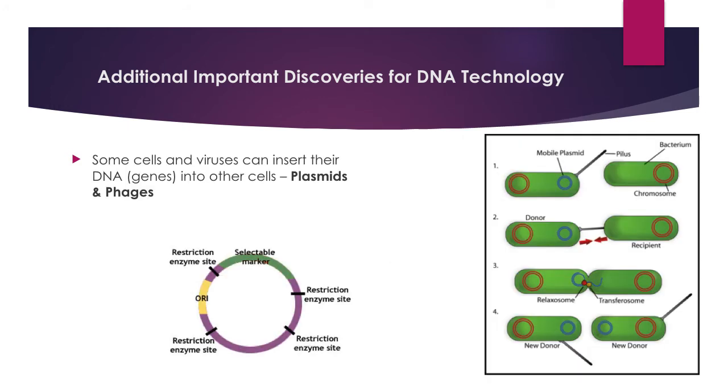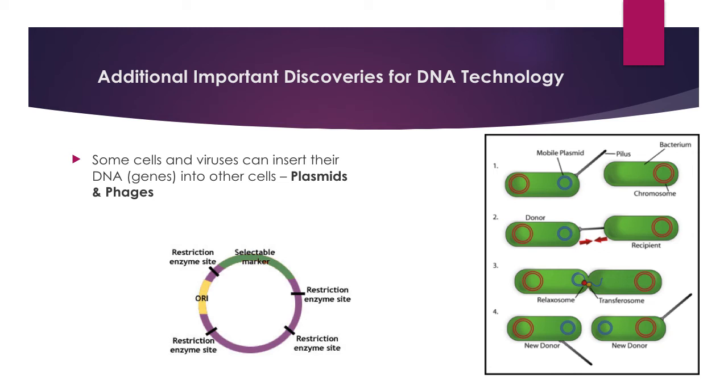Another important discovery has been that some cells and viruses have specific DNA sequences that are useful for inserting genes in other cells. These come from bacteria. Those are called plasmids, and this is a picture here of a plasmid.